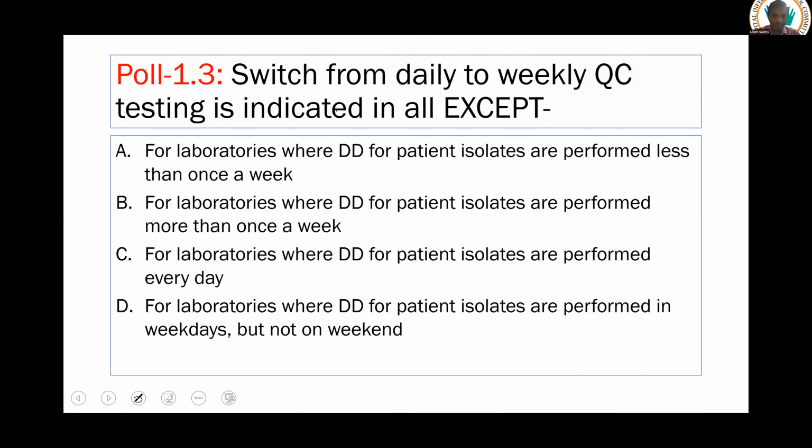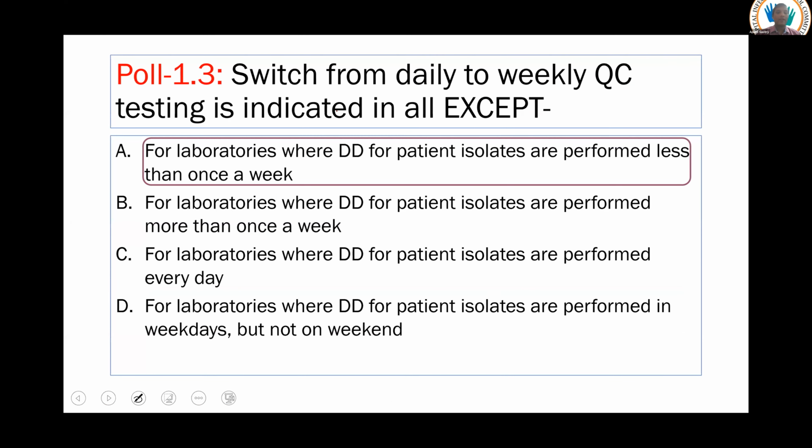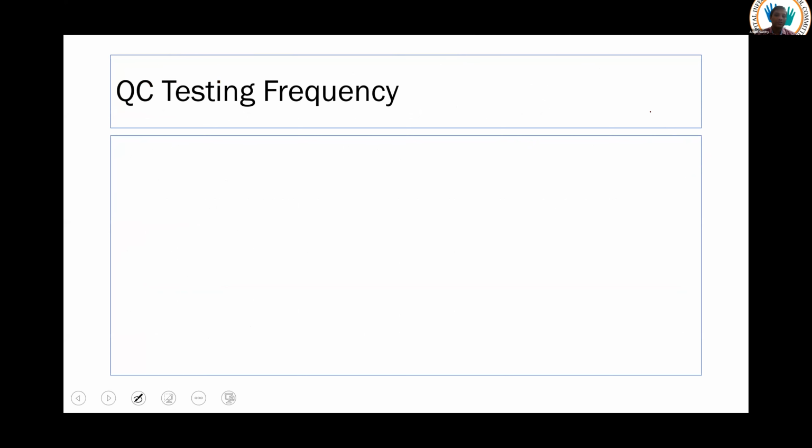Here the answer is, for the laboratory where the testing for patient isolates is performed less than once a week, that is if the load is very low, so that you are doing AST less than once a week, then you have to do daily QC testing.